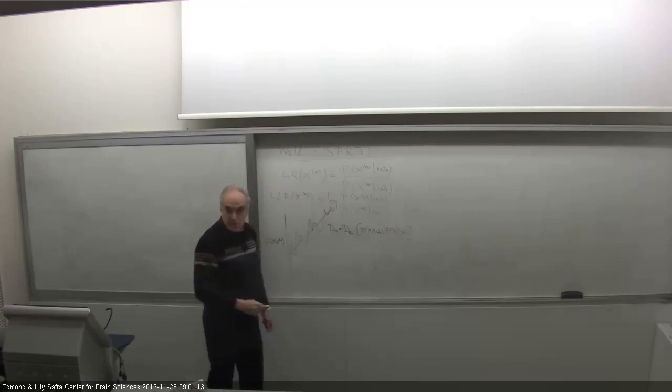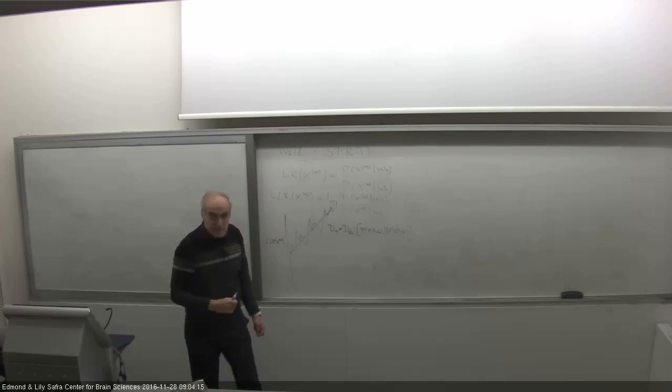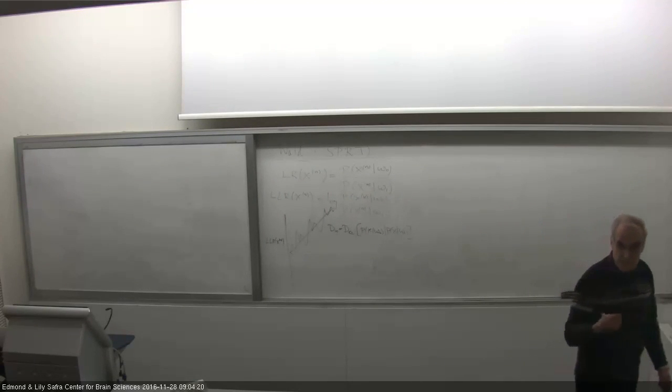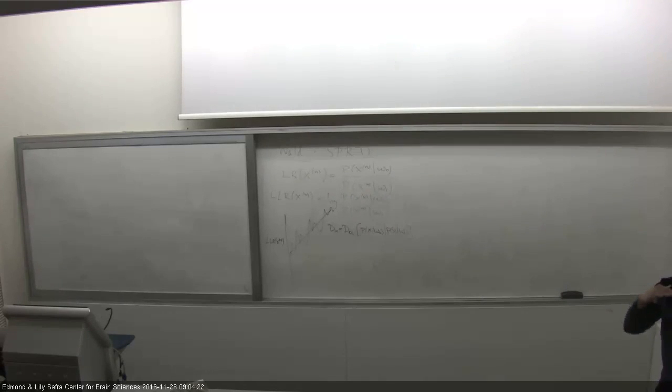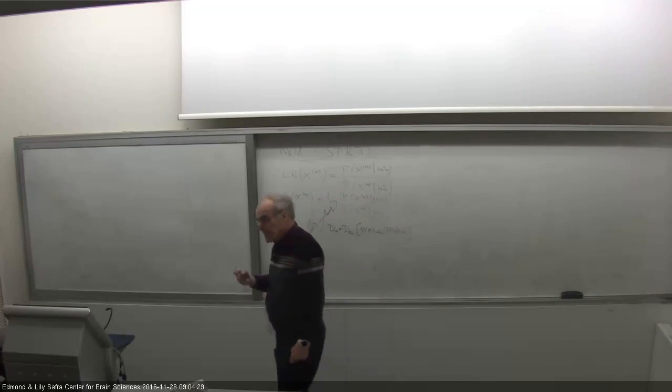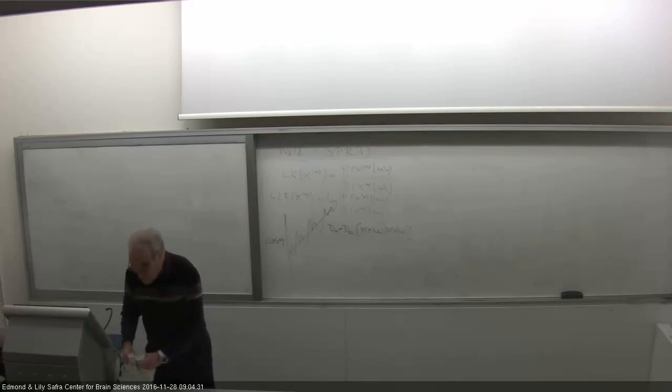This is a positive number whenever the two distributions are not identical. It can be a very small slope, but it's always positive if they're not identical. It's zero if they're identical, up to a set of measure zero.